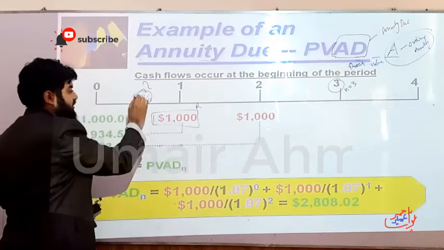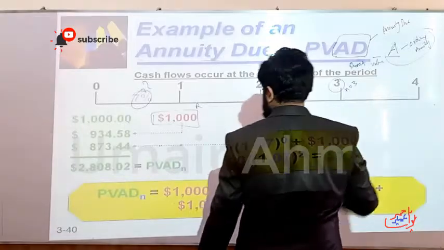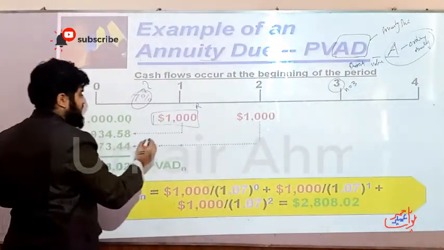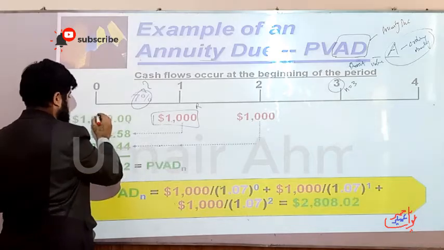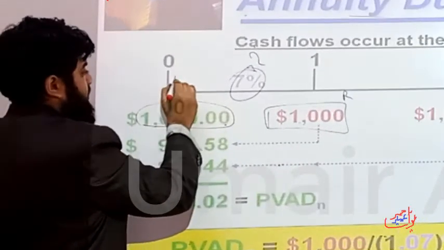We have the rate of interest, we have the value of R, and the number of years, which is 3. So how to calculate it? How did we calculate the first year, this value? Just look at that.